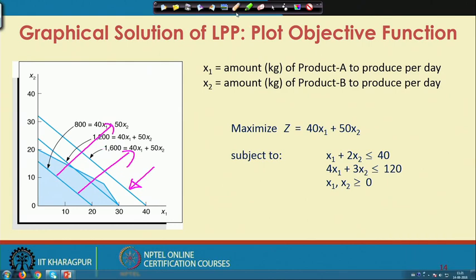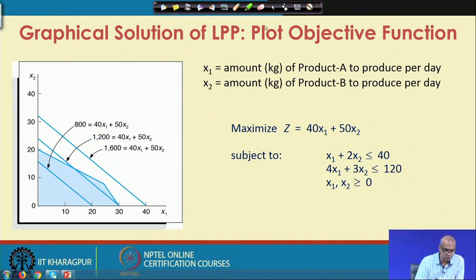So, what we do is we start with, let us say, this objective function line and slowly move in this direction, because we know if I am moving in this direction, my objective function value is increasing.